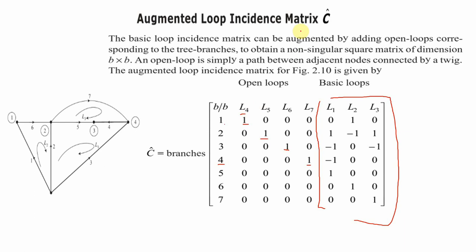So it becomes the augmented loop incidence matrix. The augmented loop incidence matrix is nothing but an open loop matrix. In a practical way, it is not present. Look at the diagram carefully.